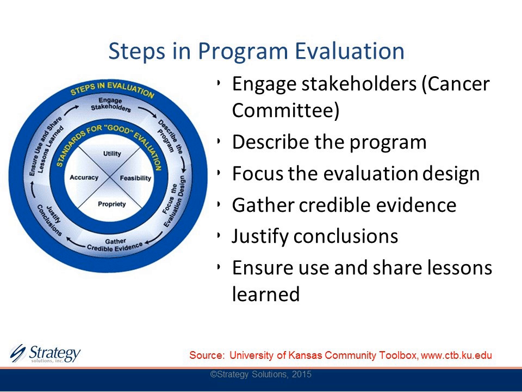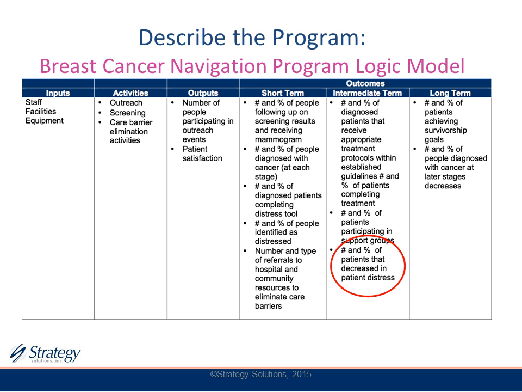Now, how do you describe your cancer program? I'm recommending that you create a logic model for your cancer program so that you can see the inputs, the activities, the outputs, and the short, medium, and long-term outcomes that should be part of your program.